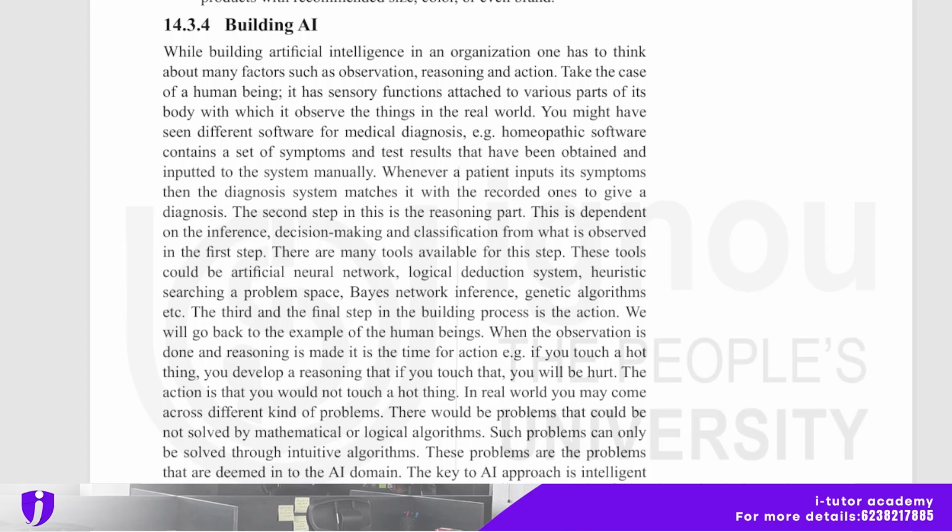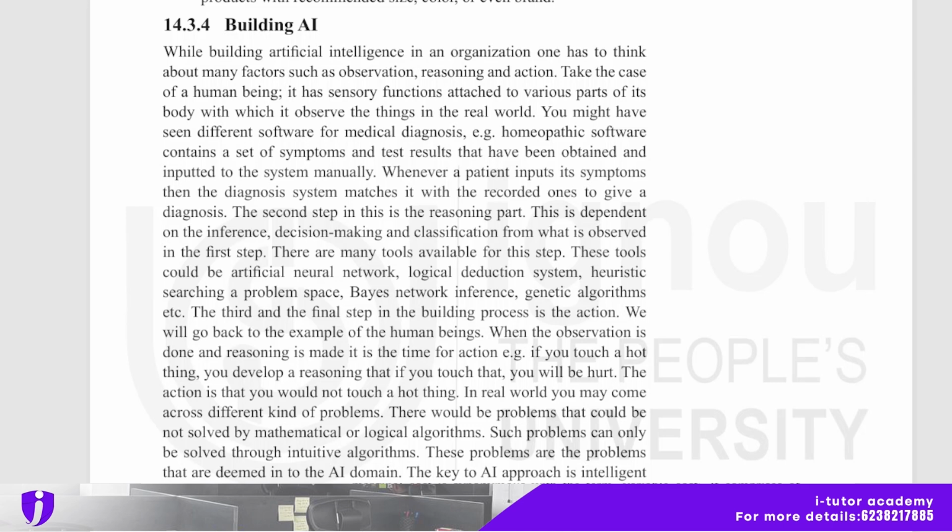We will go back to the example of human beings. When the observation is done and reasoning is made, it is time for action. For example, if you touch a hot thing, you develop a reasoning that if you touch that, you will be hurt. And the action is that you would not touch hot things.